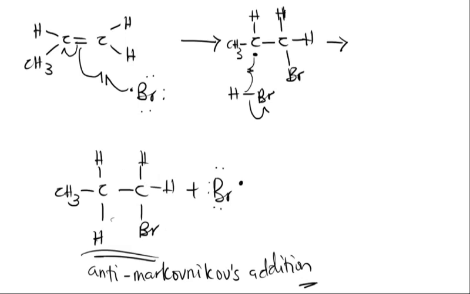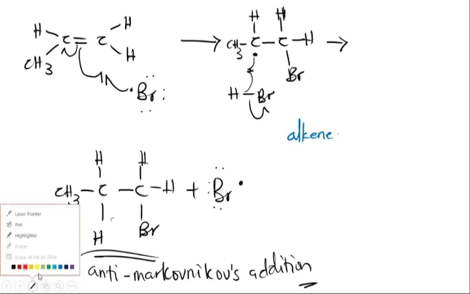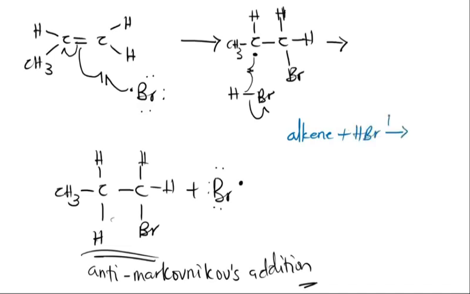Okay, also before we continue, we need to note something. This reaction, let me use another color to demonstrate that, is only possible if we add an alkene to hydrogen bromide in the presence of a peroxide, to get our anti-Markovnikov product.